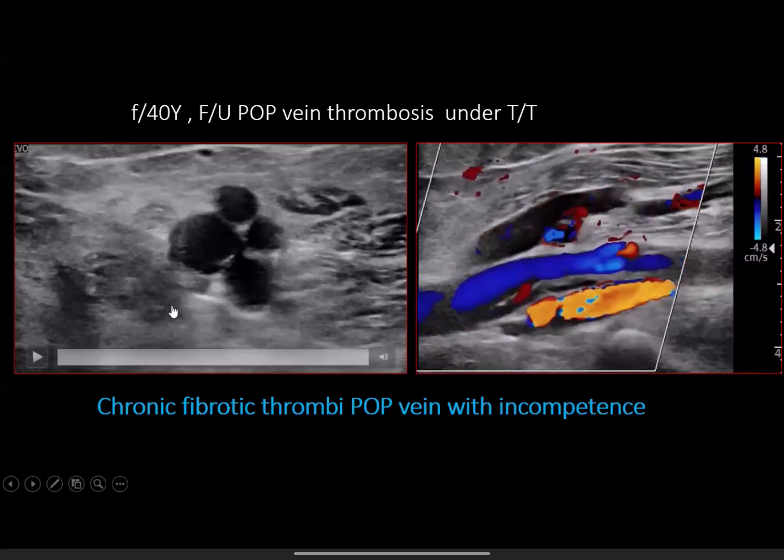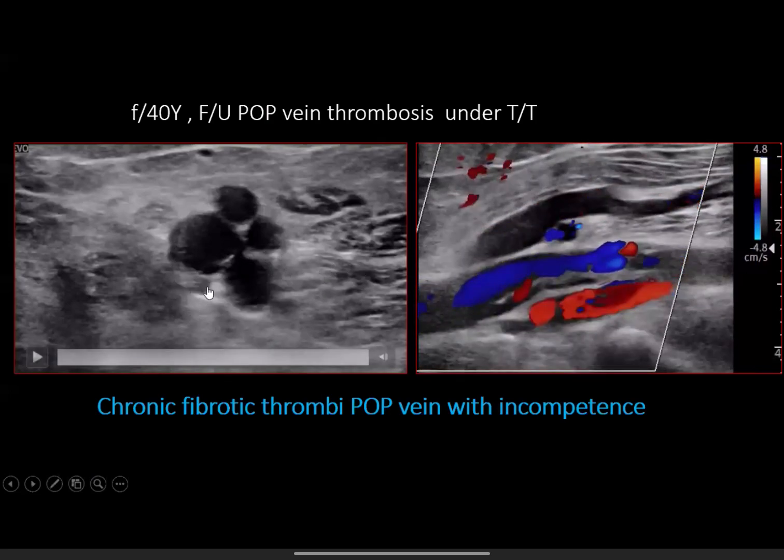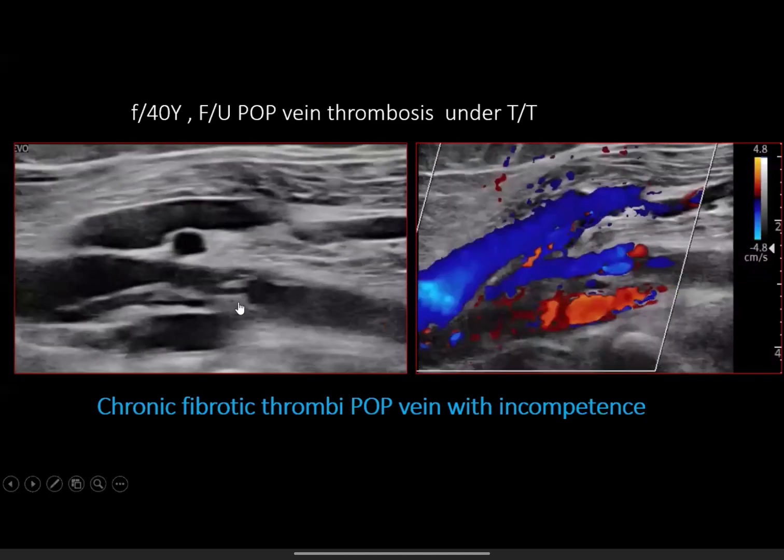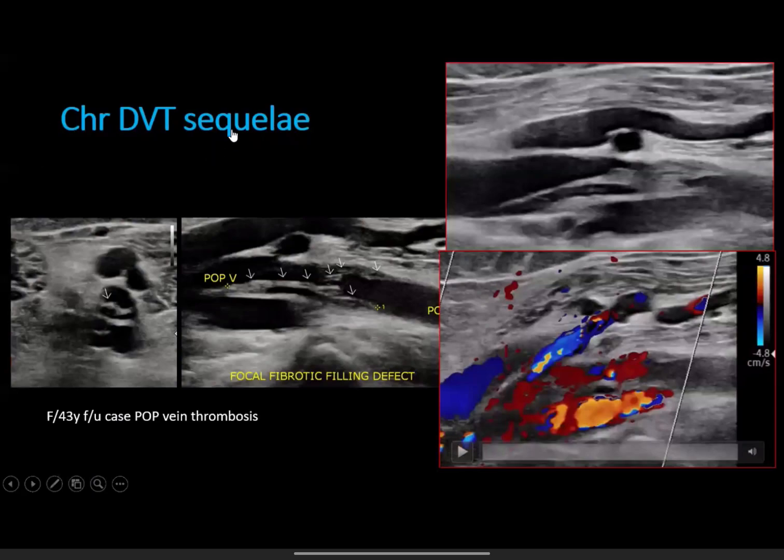So this deep vein, the popliteal vein, has become insufficient or incompetent because of the process of thrombosis, showing deep venous or popliteal incompetence. So it is sequelae of chronic DVT in the form of fibrotic plaques or fibrotic thrombi with incompetence of the popliteal vein.